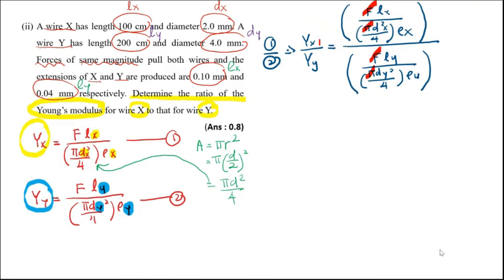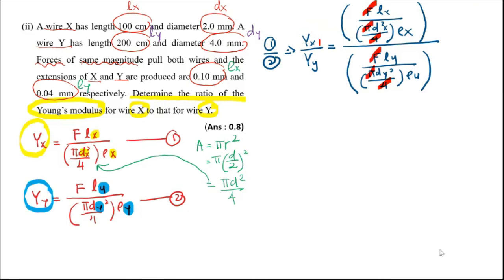So the remaining will be Lx per dx squared times dy squared per Ly, times the elongation for y. And if I simplify, I will come up with this formula.